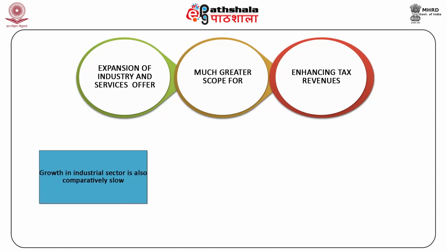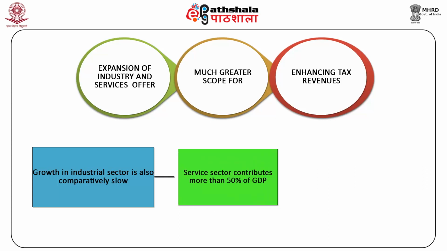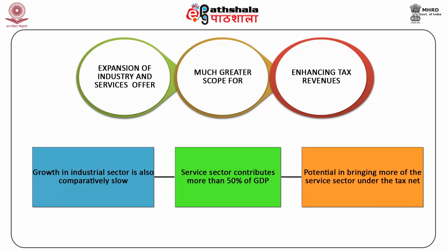As the growth in industrial sector is also comparatively slow and the service sector contributes more than 50% of GDP, there is potential in bringing more of the service sector under the tax net.